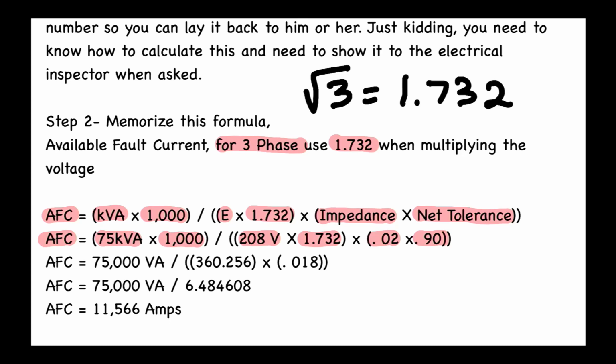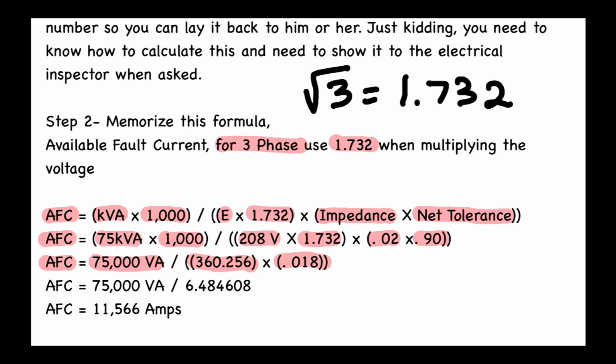All right, so here goes. Available fault current is equal to 75,000 VA, and now we divide that by 360.256, and we got that number by multiplying 208 volts times 1.732, and then we multiply that by 0.018, which we got from the 2% impedance times the 0.90.